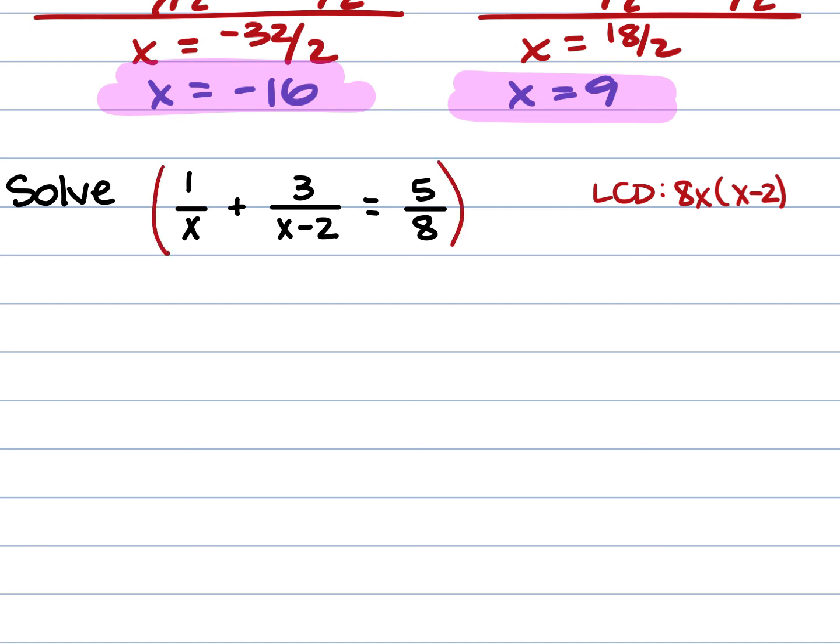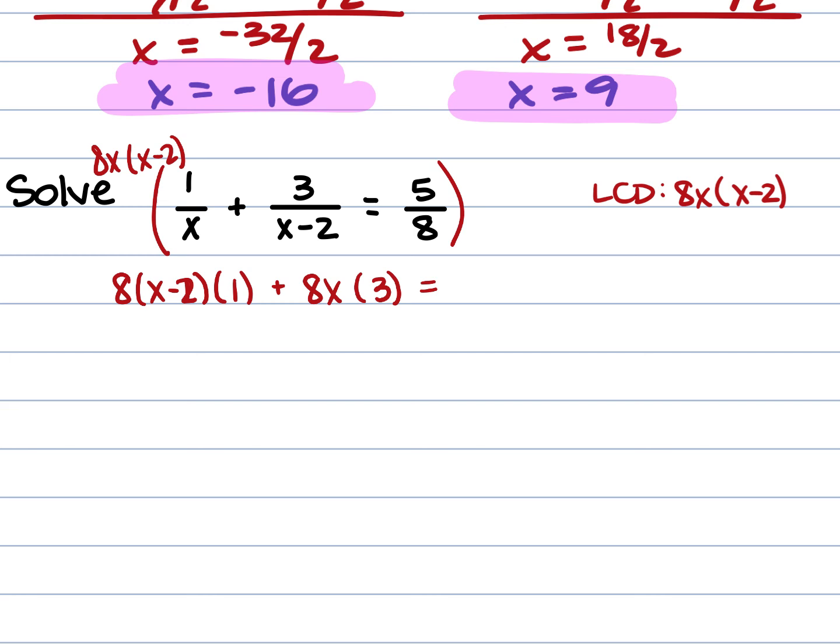So, if I multiply the entire thing by the 8x times x minus 2, we're going to take 8 times x minus 2 and multiply it by 1, because that's what the denominator doesn't have. For the 3 over x minus 2, the denominator doesn't have the 8x, so we'll take 8x and multiply it by 3.